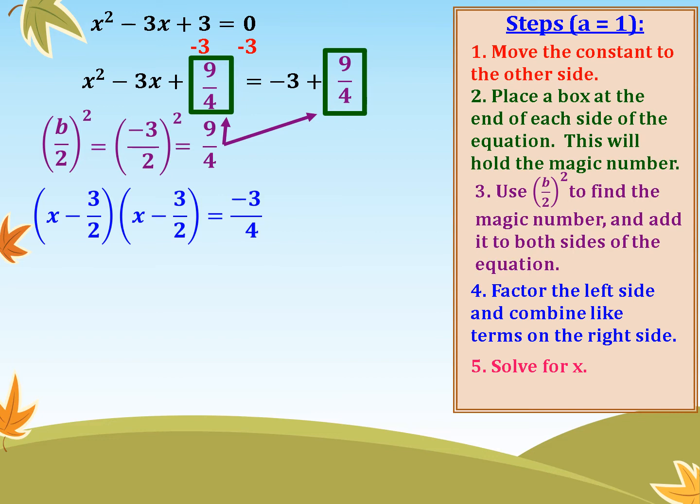Now, I know you may be thinking, well, negative 3 halves times negative 3 halves, yes, I know that multiplies to make 9/4. But are you sure it equals 3? Well, let's check it out. Negative 3 halves plus negative 3 halves is negative 6 halves, which is negative 3. So, yep, it works.